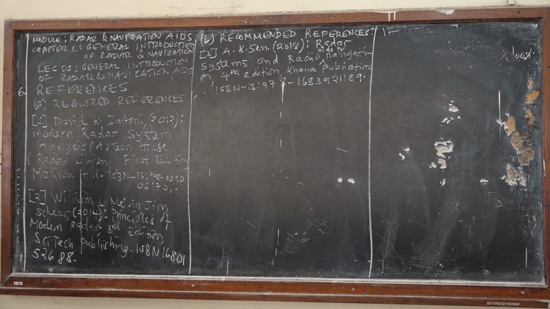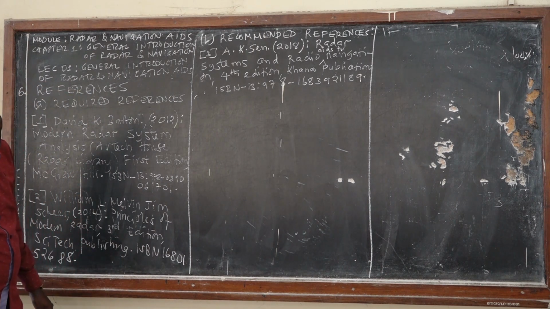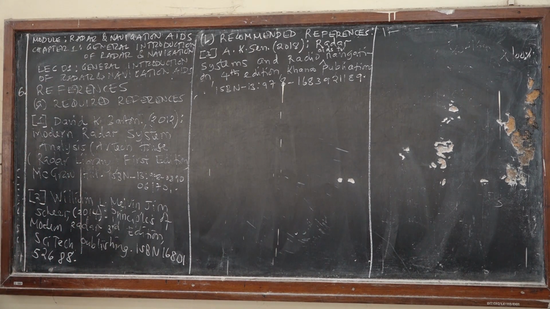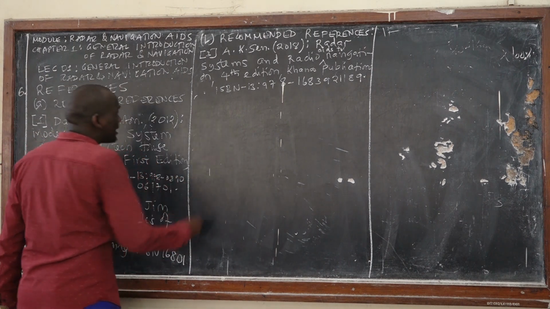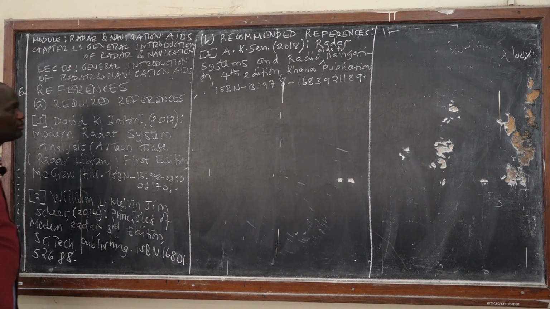So let us read. A.K. Sen, 2018. Ask your neighbor now, where were you in 2018? I think you remember. But 2012? That's another story. Say Radar Systems and Radio Aids to Navigation. First edition.